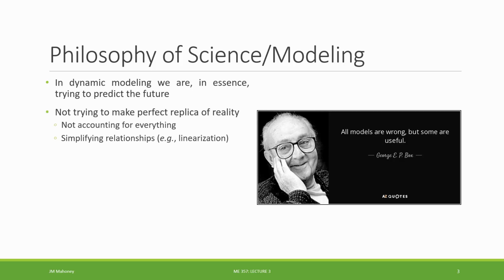Now, we are almost never trying to make a perfect replica of reality when we are making our model. There are going to be many things that we don't account for when we make our model, that we don't include, and we're going to neglect and ignore. So for instance, when we're talking about mechanical systems, a lot of times we're going to be ignoring, for example, air resistance in our system.